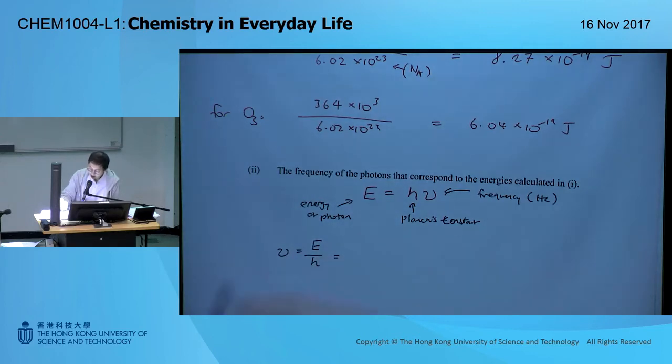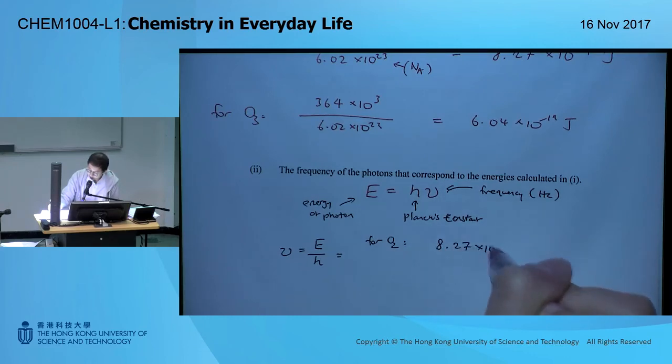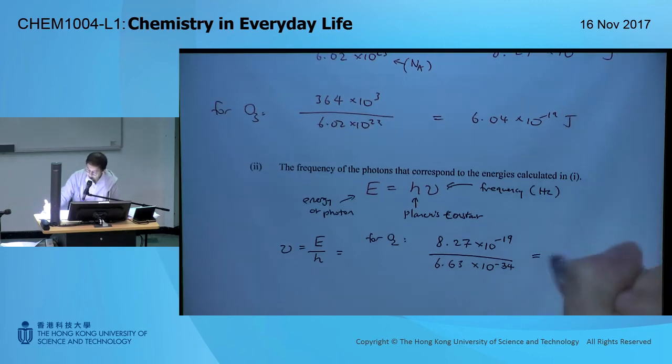So for O2, this will be 8.27 times 10 to the minus 19 divided by Planck's constant, which is 6.63 times 10 to the minus 34. Again, this is in the data book. This gives us 1.25 times 10 to the 15 hertz.